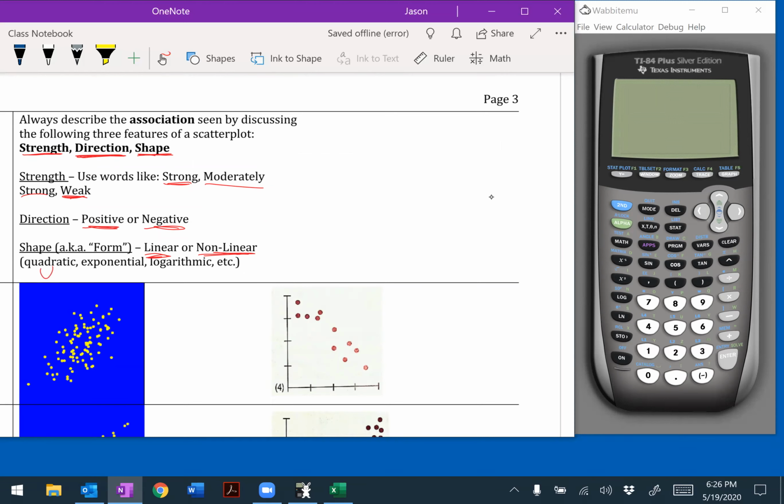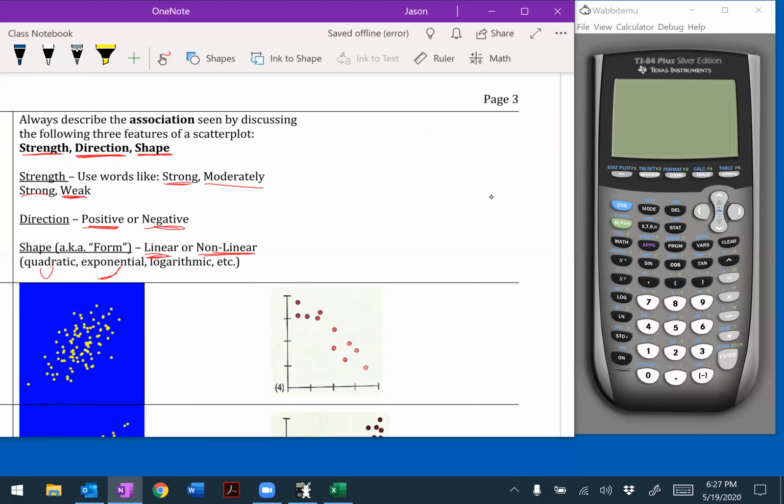Quadratic is a U shape. Exponential is kind of half a U. Okay, it curves up. And then logarithmic, it curves the other way. Okay, etc. If you're getting curviness, definite curviness, then it's not linear.